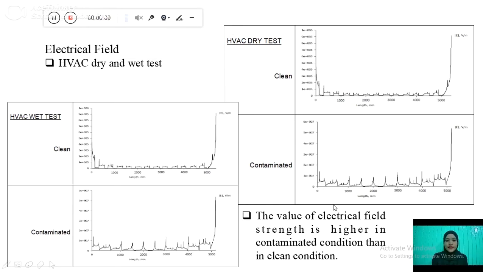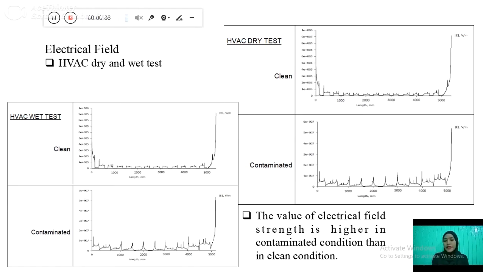So this is the result of the creepage distance for the electric field for the HVAC dry and wet test. Okay, so this is the graph for the wet test, and this one is for the dry test. From both of the tests, the graphs are quite similar for the clean and contaminant.